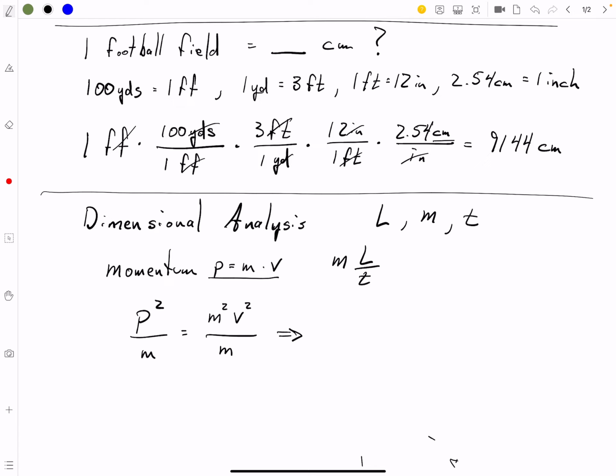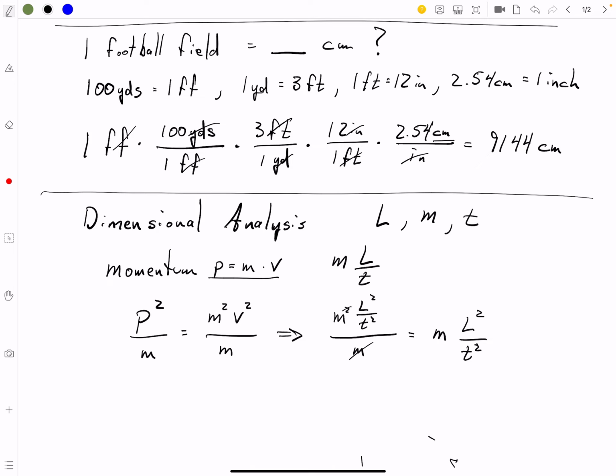Well, I now have mass squared length squared over time squared divided by mass. That's going to give me mass, because one of these cancels out one of those. So I'm left with mass length squared over time squared.